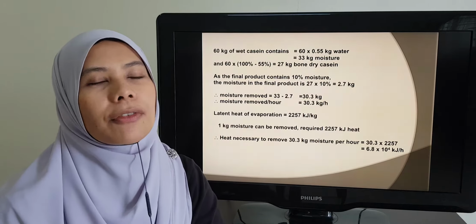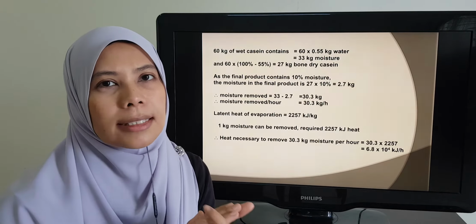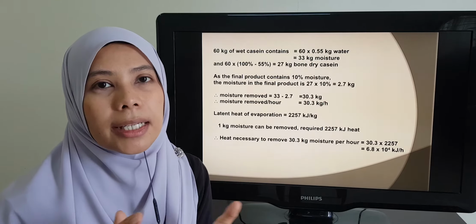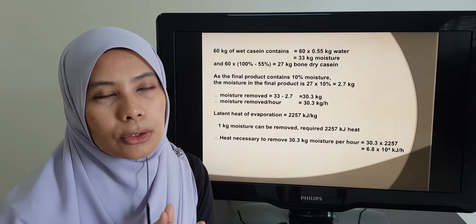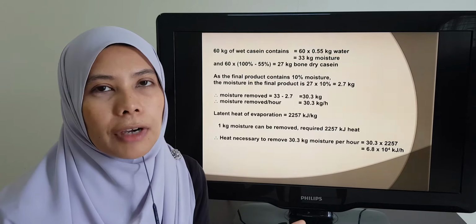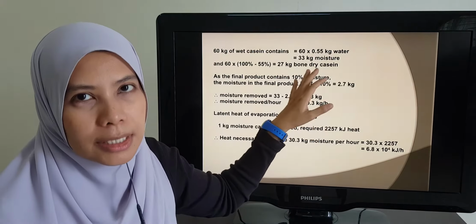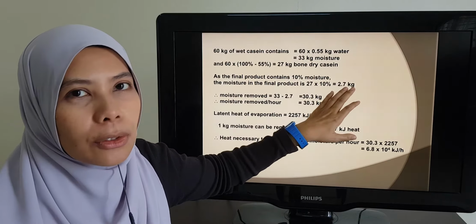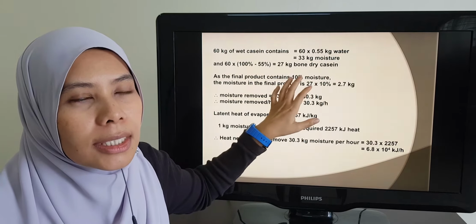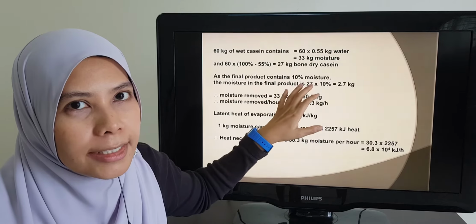If you have milk powder, although it looks dry, it still contains moisture, basically around 5 to 7%. For this particular example it is 10%. So 2.7 kilogram is the water contained in the dry casein.